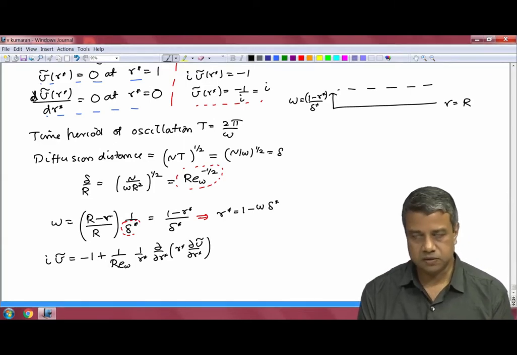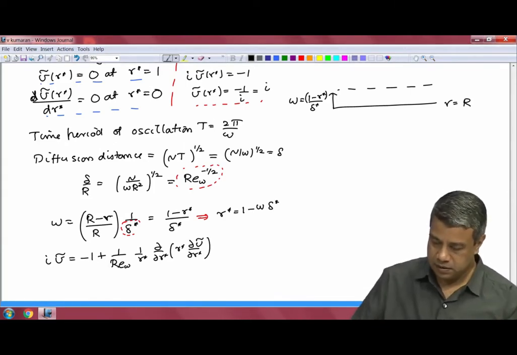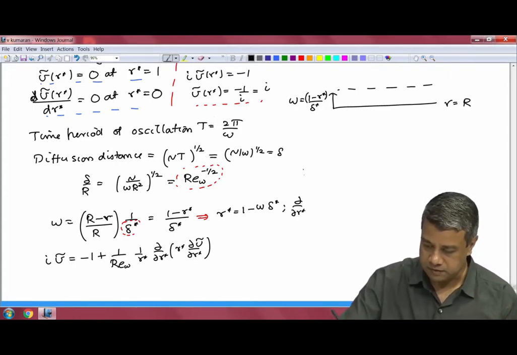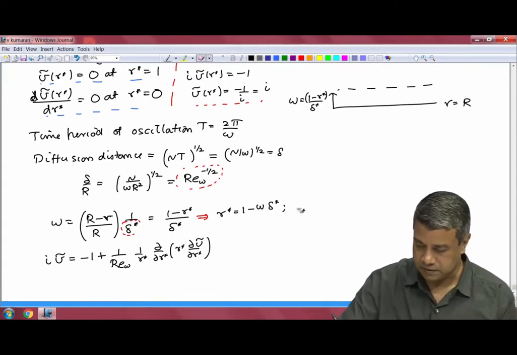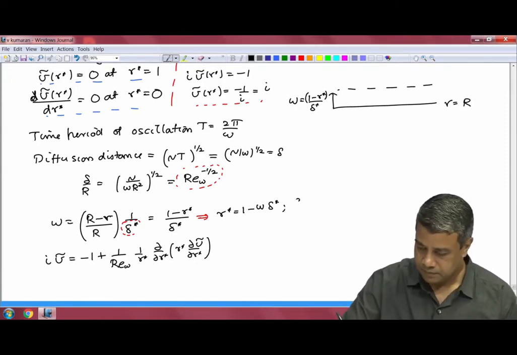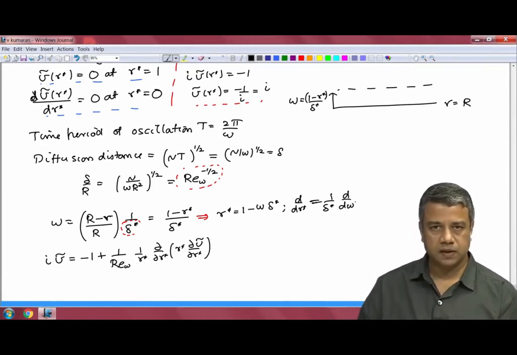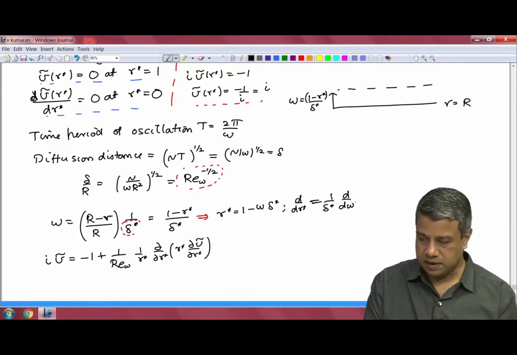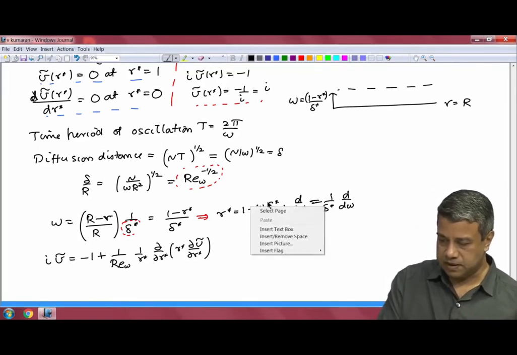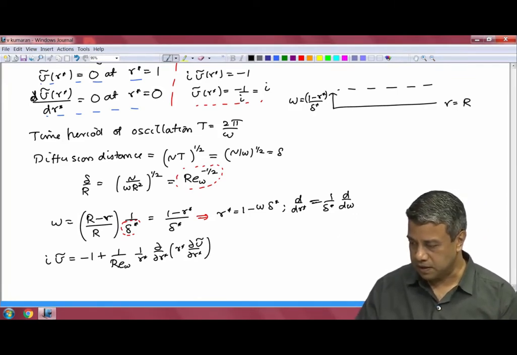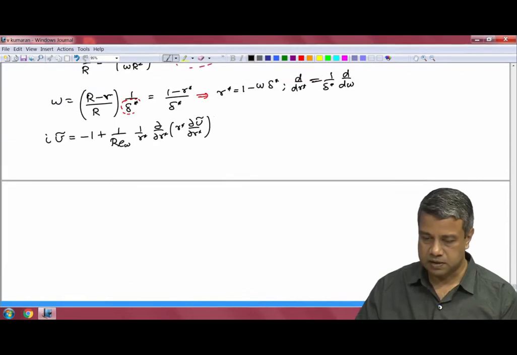So r star is close to 1 in this case. And d by dr, these should be total derivatives actually, because v is only a function of r. Just expressing r in terms of this parameter w, which is a scaled distance from the surface, scaled by this parameter delta star, which we will relate shortly to the Reynolds number.